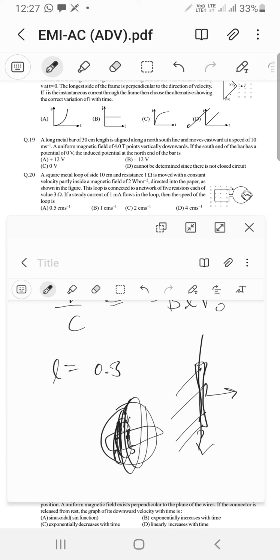If the south end of the bar has a potential of 0 volt, then the induced potential at the north end of the bar will be... We can calculate the magnitude, and it's probably just 12, but the direction is what matters at this point. It's along the north south. Is this magnetic north south? When you say the south end, we should mean the direction south end, right? So the south end will in that case be this one. It has 0 potential. What's the potential of this other end?